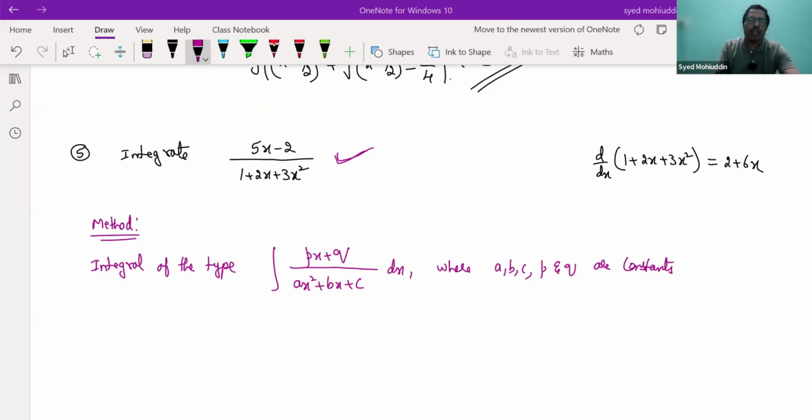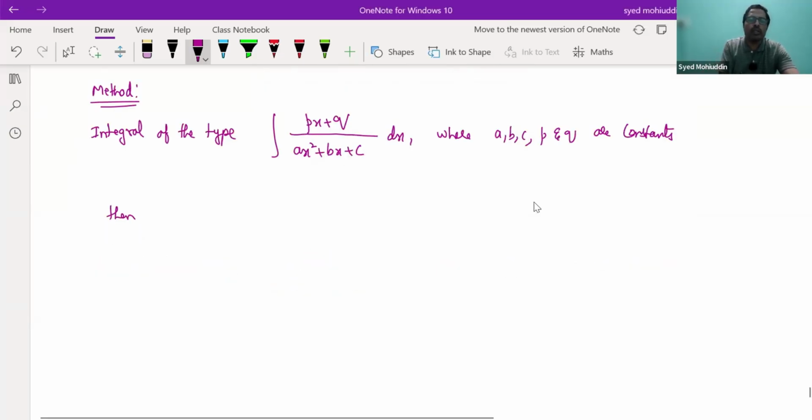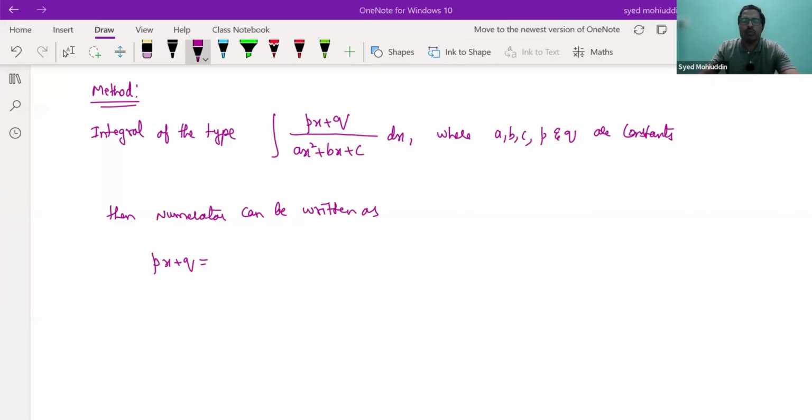The numerator px plus q can be written as follows. I'll introduce some constants such that you get A times the derivative of the denominator.